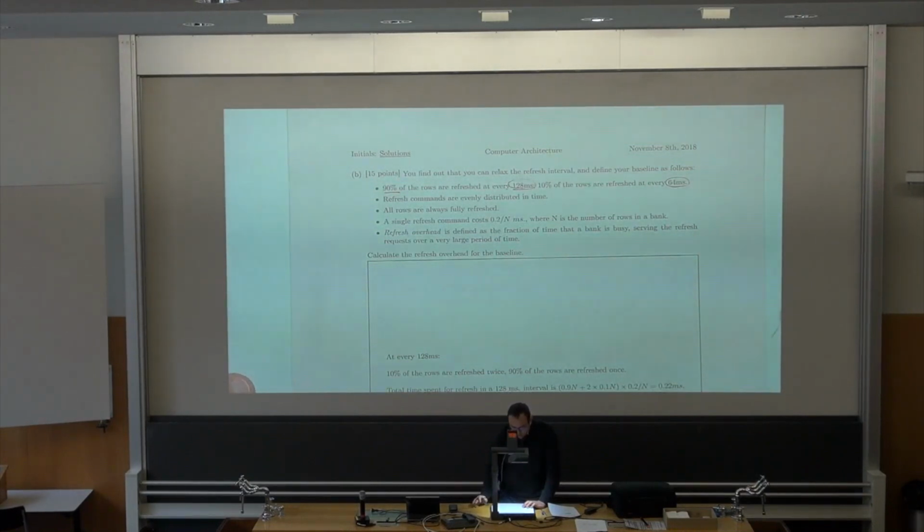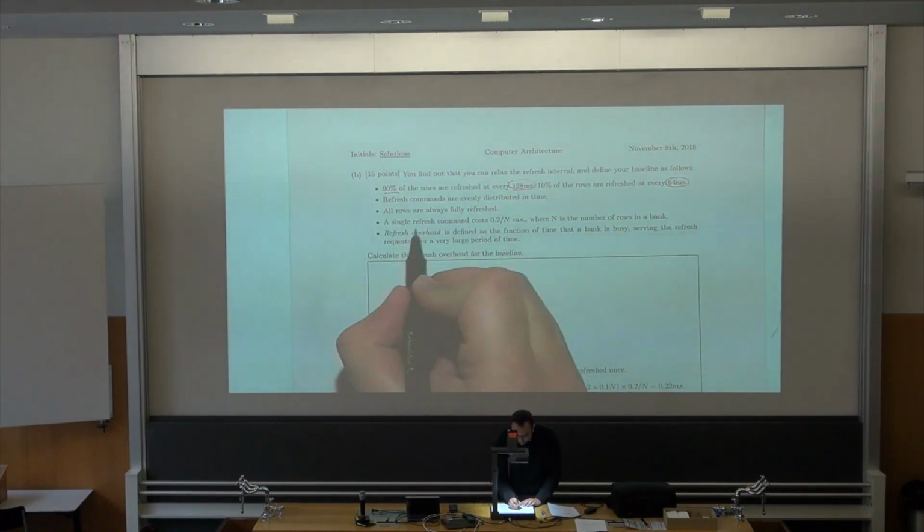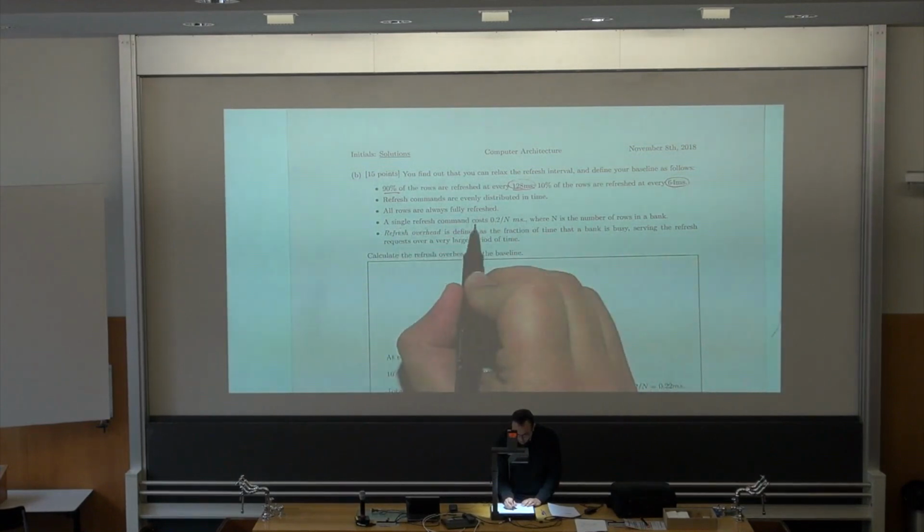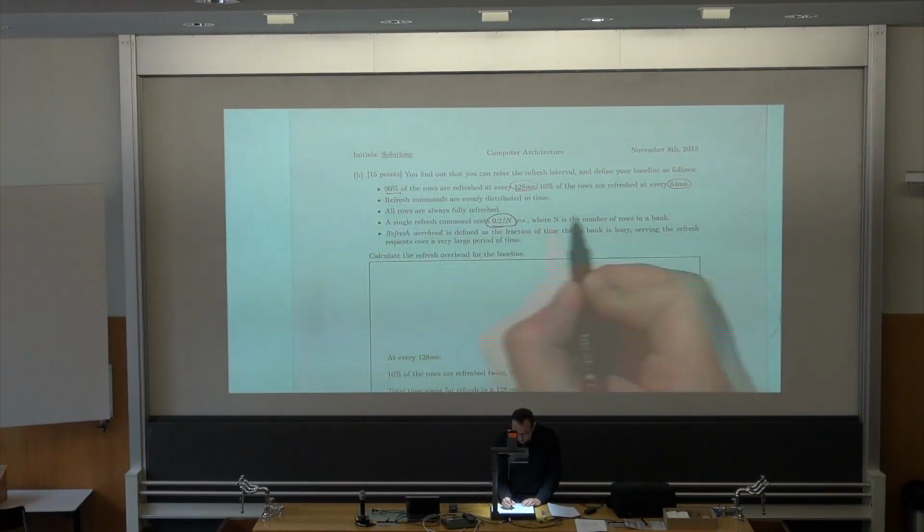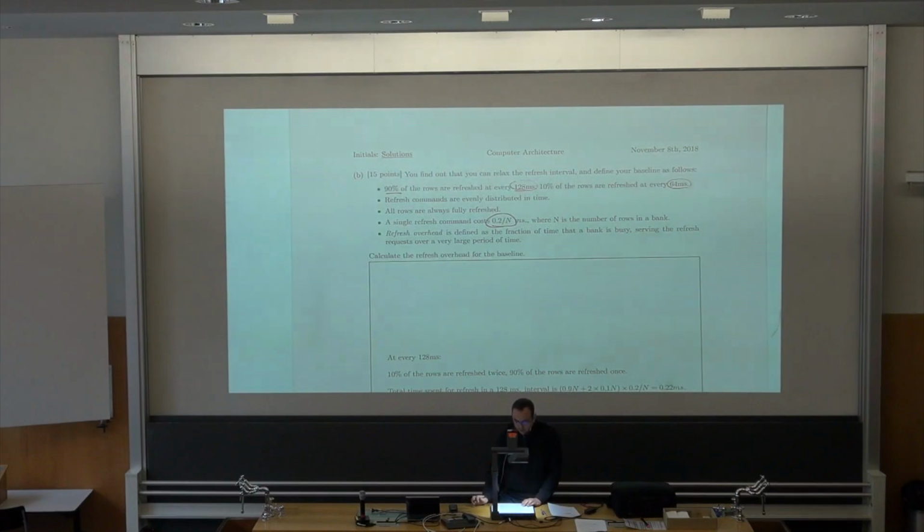So here we want to compute the refresh overhead of the baseline where we don't have any partial refreshes. Here I have the value for a single refresh command, where n is the number of rows in a bank. So refreshing the whole bank is going to take 0.2 milliseconds, right?